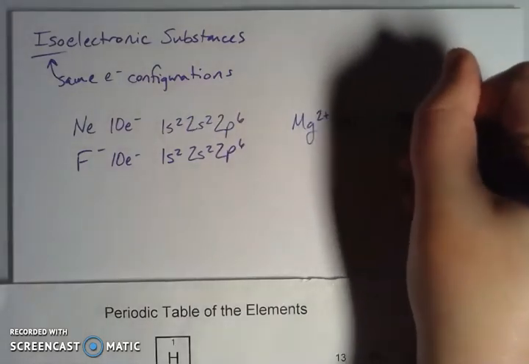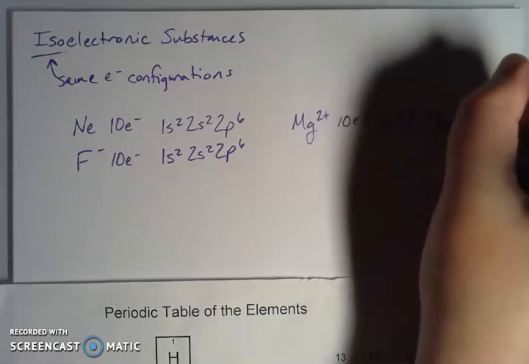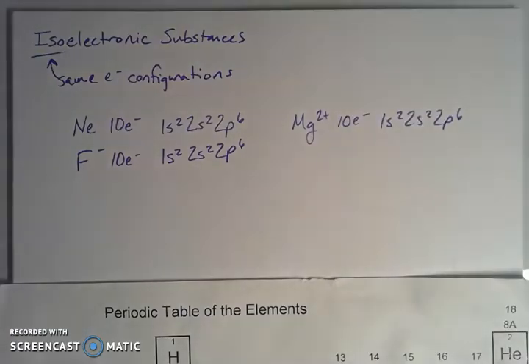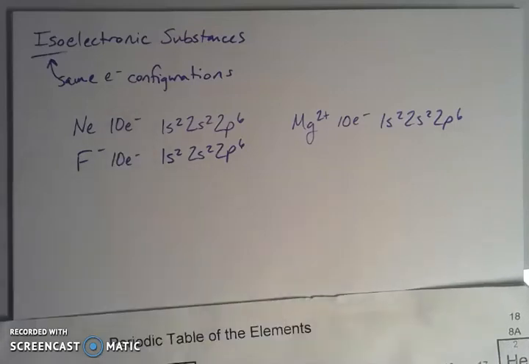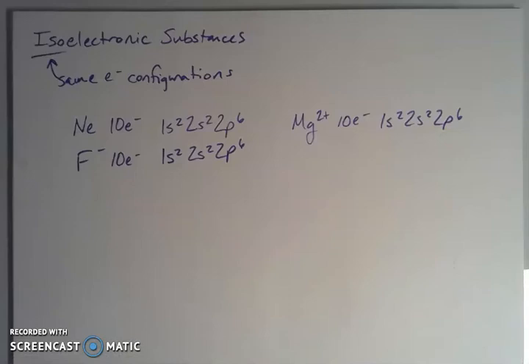So now this is going to be 1s2, 2s2, 2p6. Same electron configuration. So these are all isoelectronic to each other. So neon is isoelectronic to the fluoride ion, to the magnesium ion, etc. So these are just examples of that you'll run into. So we can talk about electron configurations for ions, but they can be a little bit misleading.